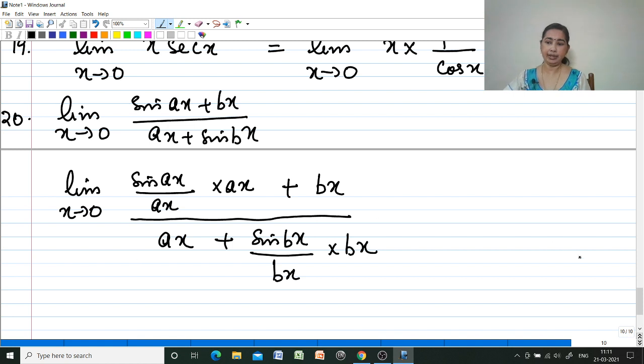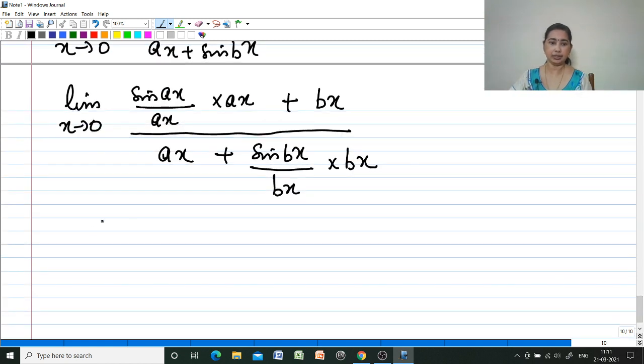Now separately we can apply the limit. Limit x tends to 0.